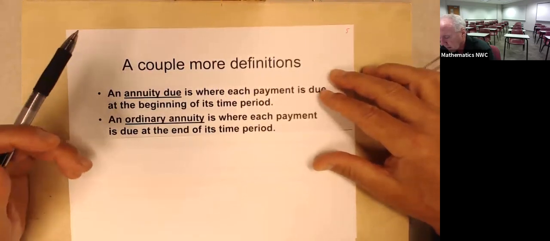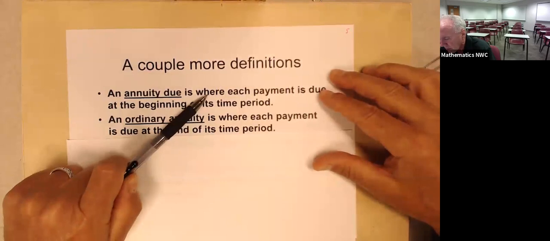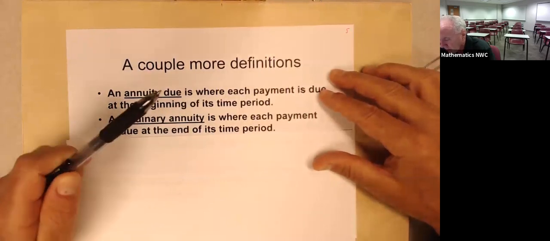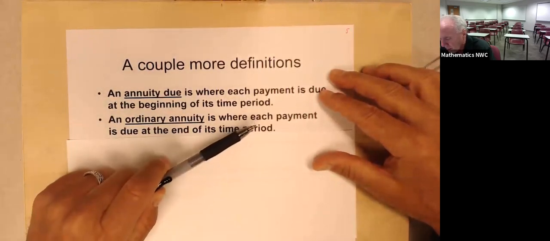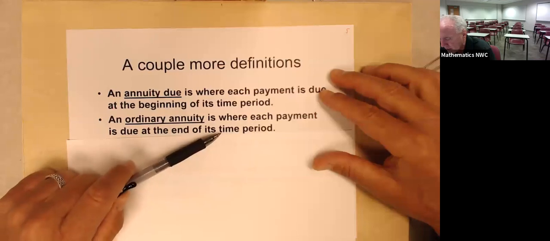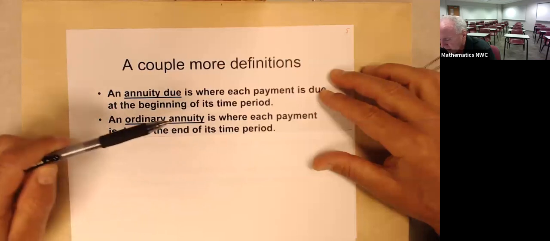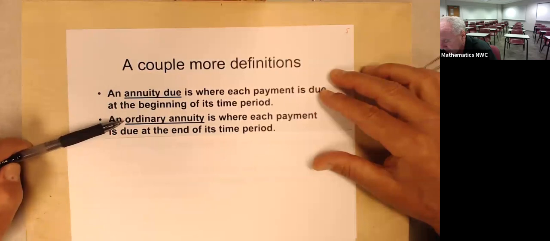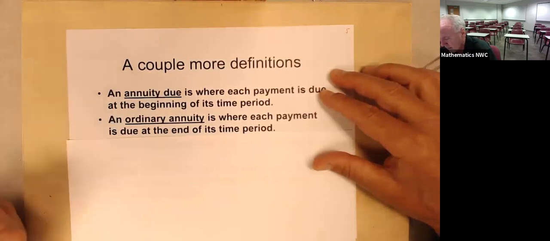Most people, however, get paid at the end of the month. So for most people, that payment coming out of their paycheck would be at the end of the time period, the end of the month. And that's why, because it's the more common one, that's referred to as the ordinary annuity.